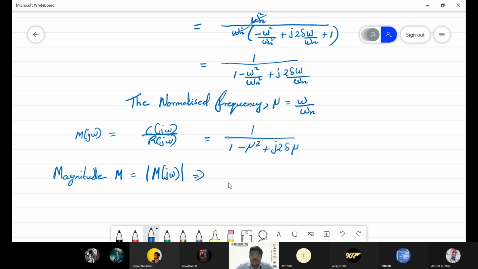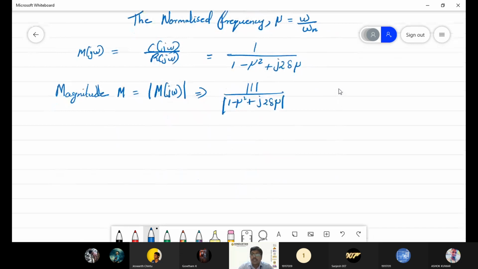That is equal to, we know that, the whole 1 minus mu square plus j into 2 del mu, and the whole thing will be in modulus. So modulus of 1 also we can put, that is root of 1 square plus 0 square, which is equal to 1. So the numerator is 1 only.